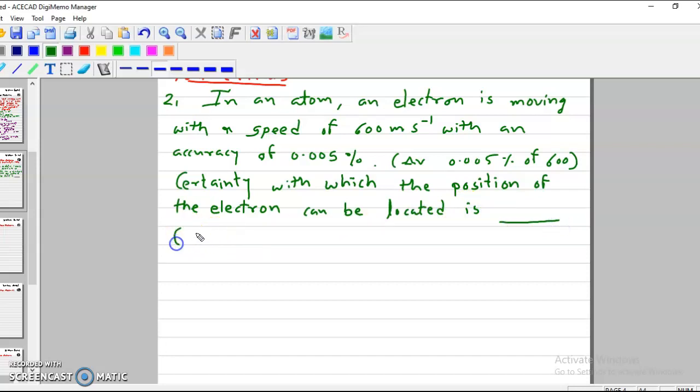That means you have to calculate delta x, you have to find out delta x in this case. Now, what is given?